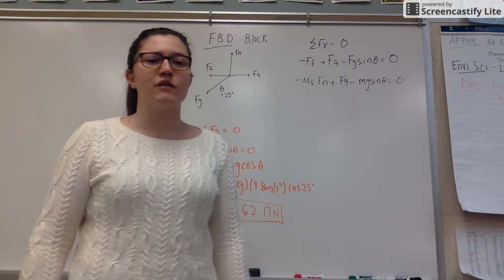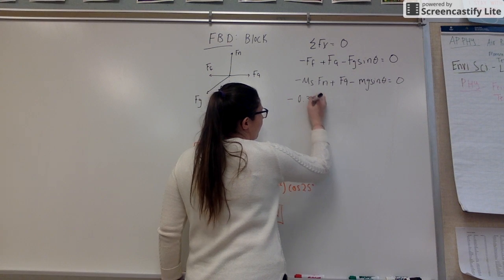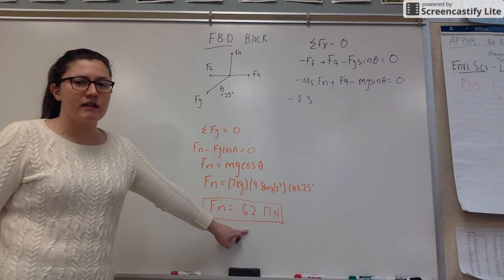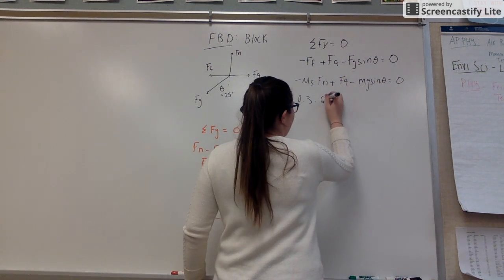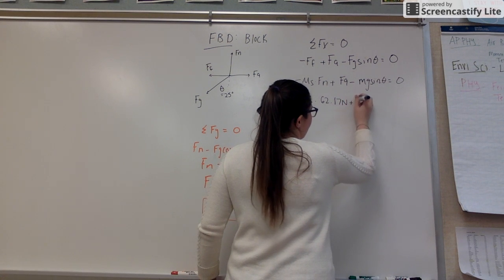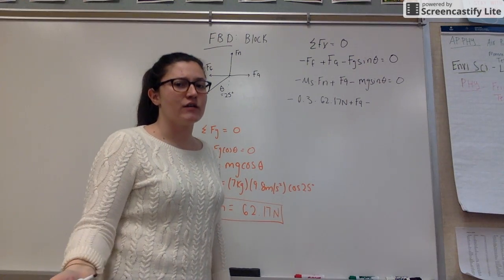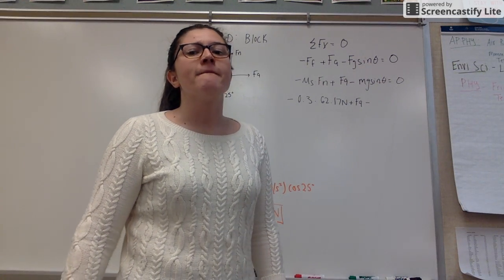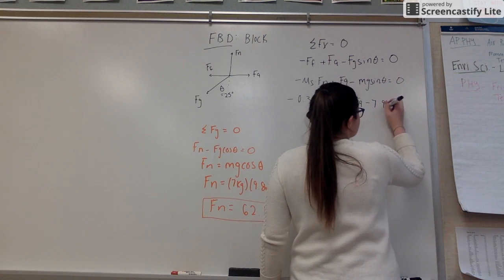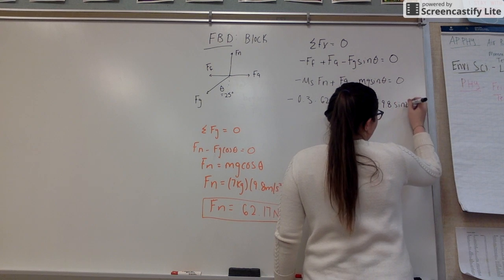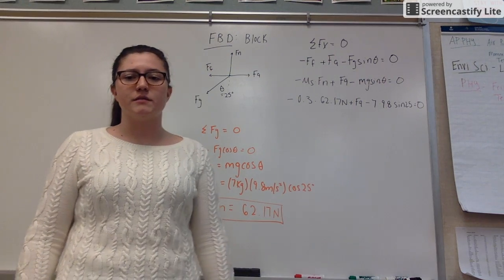We know that mu, the coefficient of static friction, is 0.3, times our normal force, which we calculated right over here, 62.17 newtons, plus our applied force minus the mass of our block, which we know is 7 kilograms, times 9.8 times the sine of 25, all equal to 0.